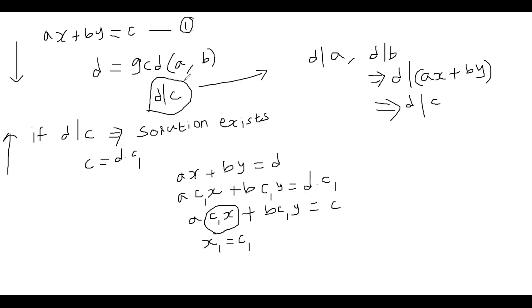We're given the equation 1. We do know d is equal to GCD of a and b. Therefore, we will be able to find, say, two numbers, x1 and y1, which satisfies this equation. I'll put x1 here, y1 here. Okay, so what it means is that now we can treat two solutions.